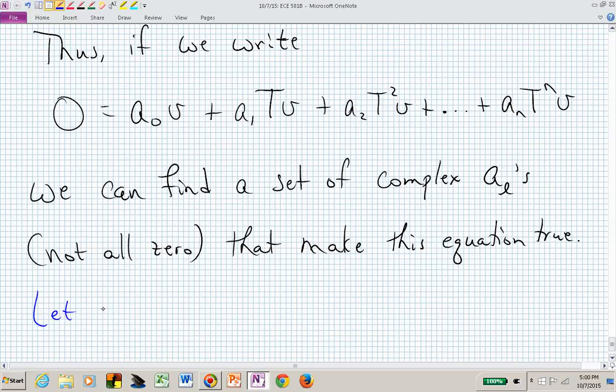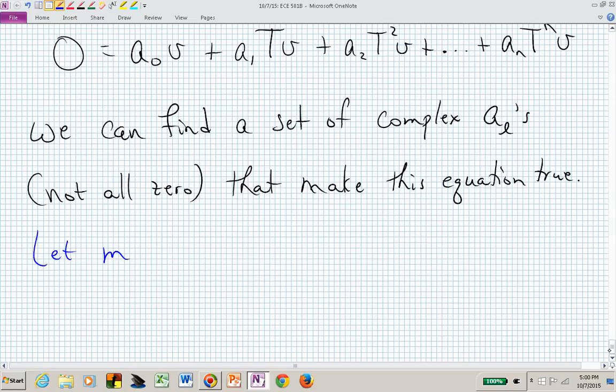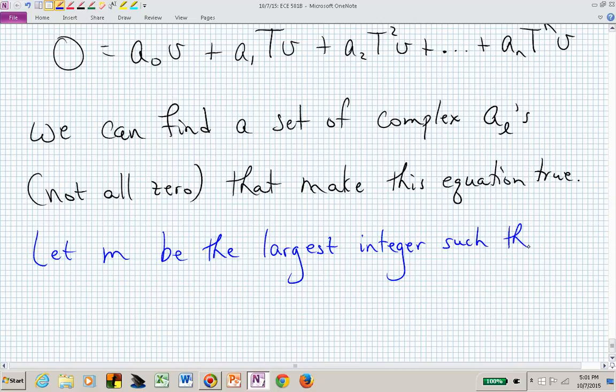Let's pick an M that's maybe not little n. So now I'm dealing with Michigan and Nevada. Let M be the largest integer such that a sub M is not equal to 0.